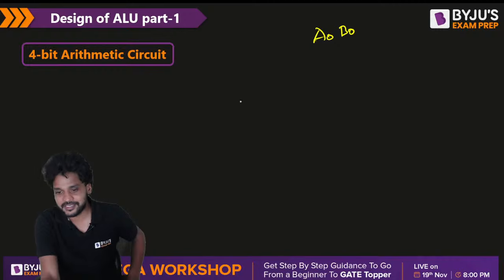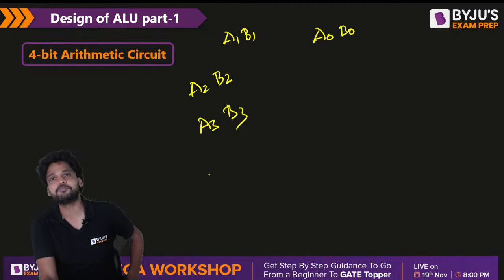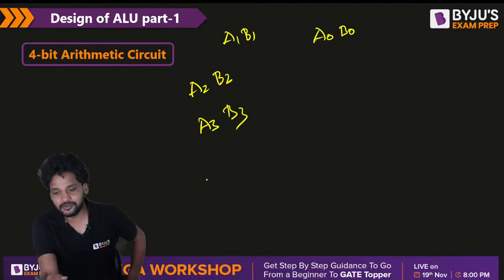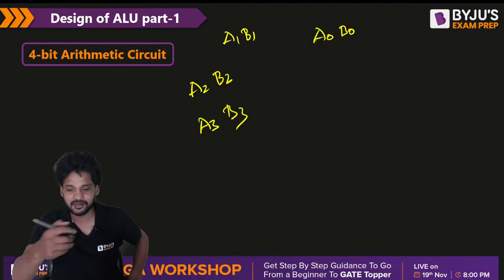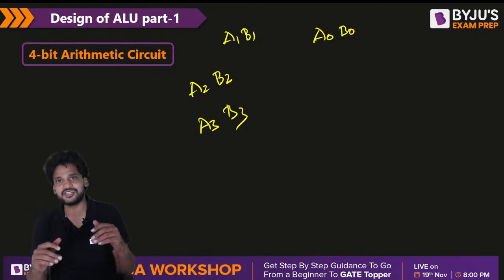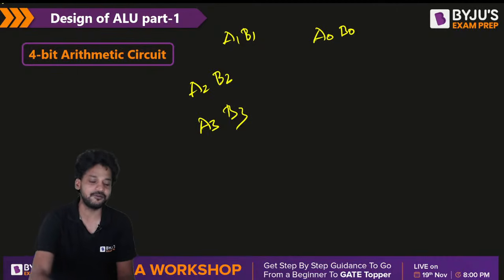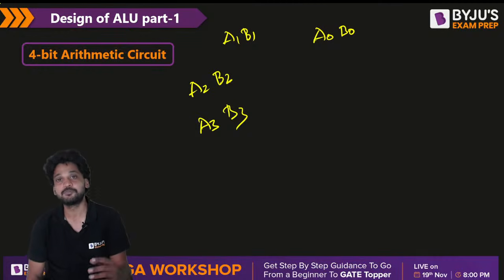For A0, B0, this is the first multiplexer. But still, there is A1, B1. Still, there is A2, B2. Still, there is A3, B3. So what Chinmay spotted is perfectly spot on. Due to the space limitation, we are only able to demonstrate one stage of the ALU. What Chinmay told is perfectly right.